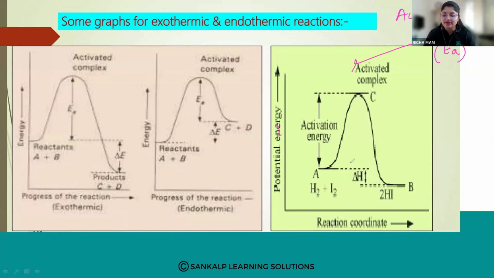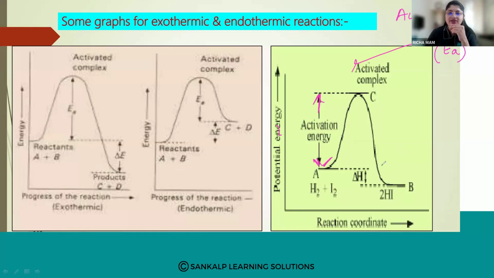So the minimum extra energy that a normal reacting molecule should require to attain the threshold frequency is called the activation energy. That is the extra energy which is required to attain the threshold frequency.